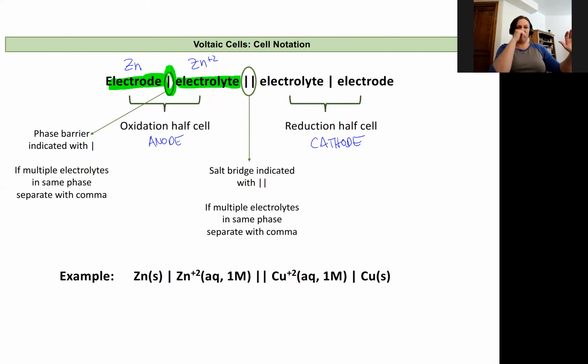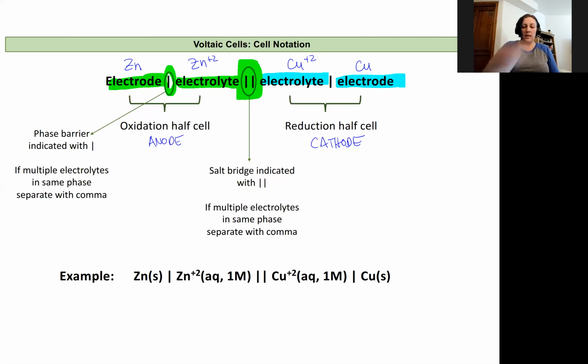We're then going to need to give information about the cathode half of our voltaic cell. And to indicate that we're switching which side of the cell we're talking about, we're going to put these 2 lines that indicate that there's a salt bridge between these 2 systems. And then we'll put information about our electrolyte for our cathode, and then our electrode for the cathode. So our electrode is that solid, our copper metal, and our electrolyte was that copper plus 2 ion that was around.